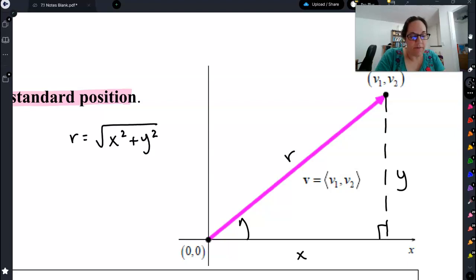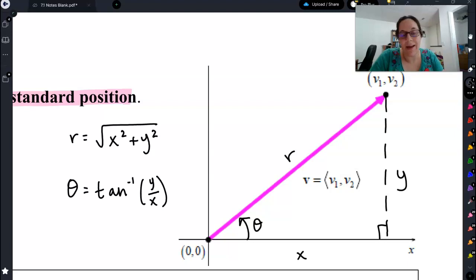And if I wanted to find the direction of this vector, I could also use some pretty familiar equations to find the direction or the angle of this vector. So you'll notice this is vectors, but it's still nothing new.